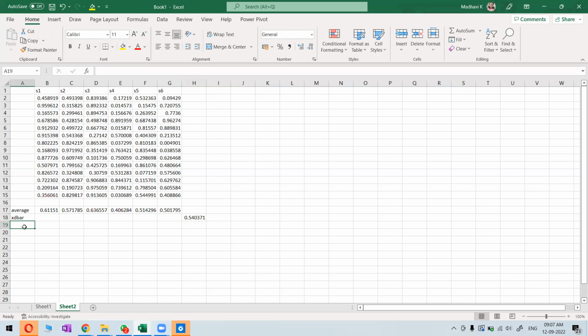Now comes the standard deviation. We need to identify the standard deviation of this one. Before that, let us first identify the sample size. I have taken totally 14. Sample size is 14.